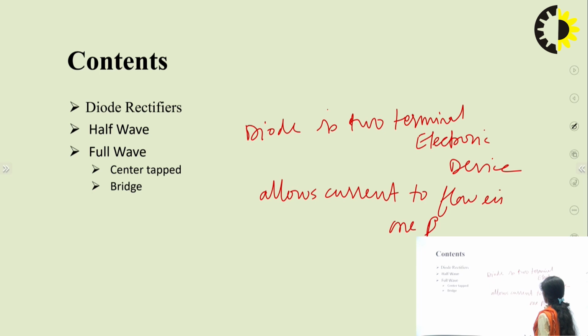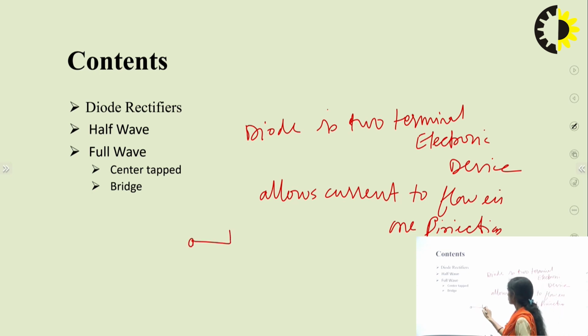So by using this advantage, we can use this as a rectifier. Diode is a two-terminal device. It is made from a p-n junction and it is a semiconducting material.